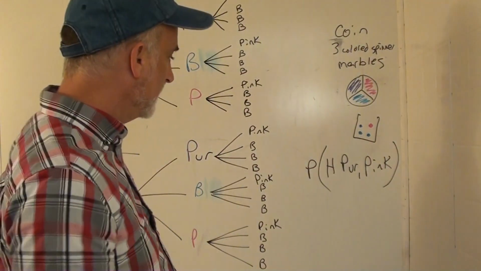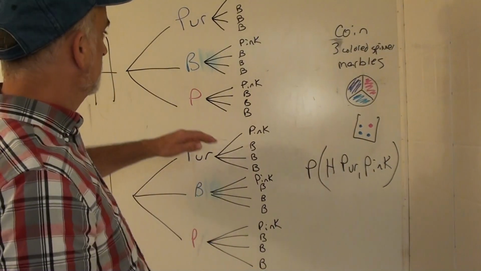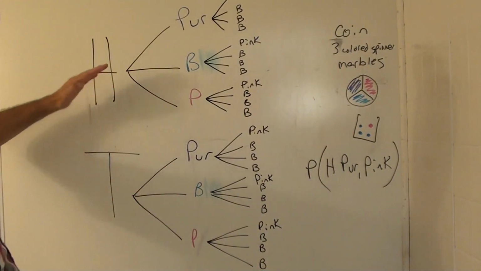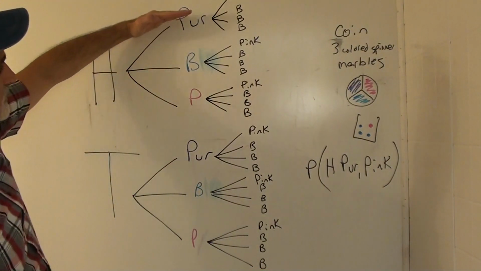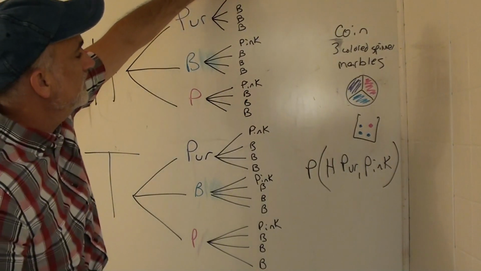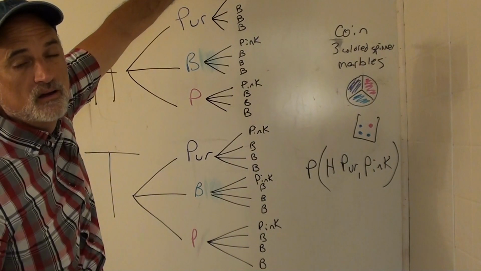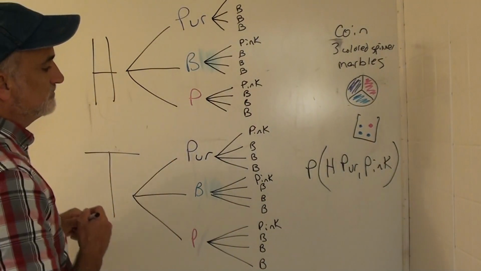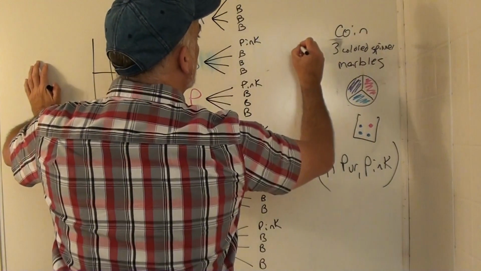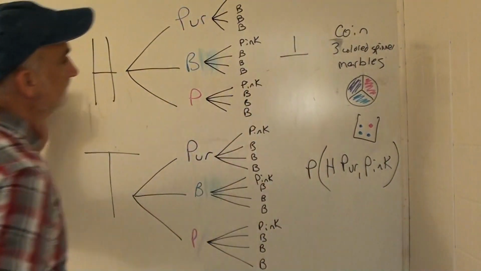Alright, let's look at it. Heads, spin a purple, pick a pink. There's only one outcome that's possible. So we would put a 1 in the numerator.